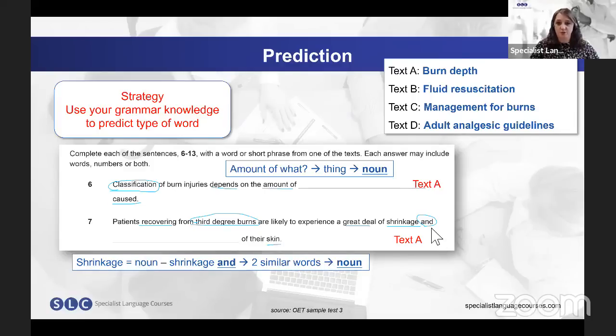We can assume with our grammar knowledge that there'll be two similar word forms. So for number 6, we're looking for a noun, the amount of what, and number 7, we're also looking for a noun linked to shrinkage of the skin. So we've got all of our grammar knowledge working while we're analysing the question, looking at those keywords, and then we take this knowledge and we look at the text to find our answer.